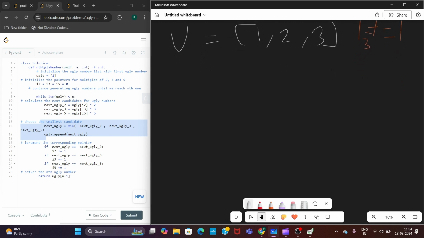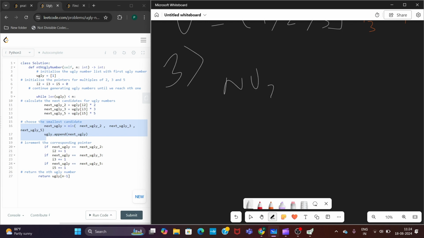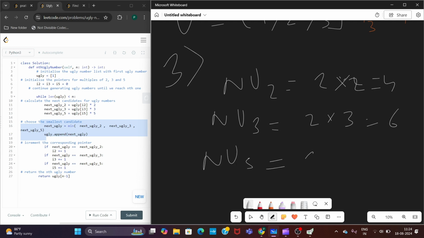Moving forward to our third iteration. My next ugly of 2 is ugly of I2 multiply 2, which means 2 into 2 which is 4. Then next ugly of 3 is 2 into 3 which is 6. Then next ugly of 5 is 1 multiply 5 which is 5.